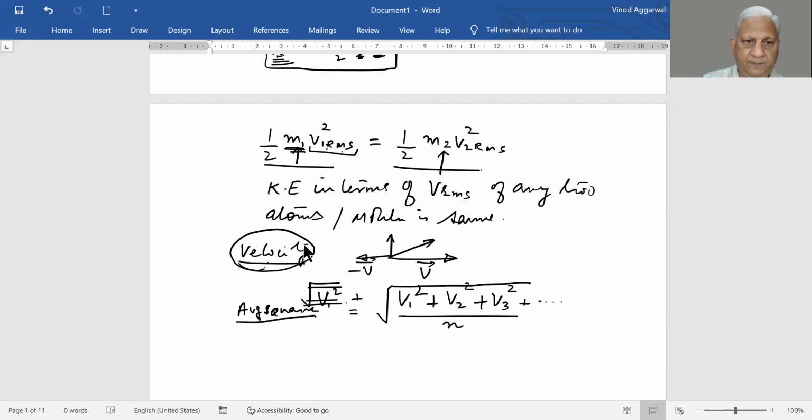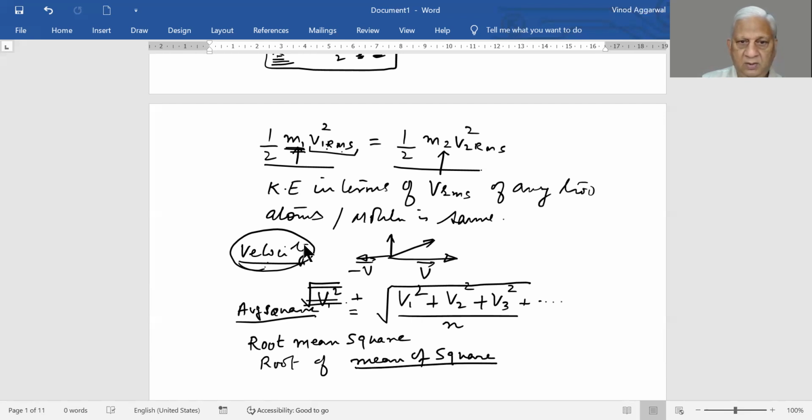And that is why the name root mean square. It actually means root of mean of square. This quantity is mean of square. And then when we take the square root, it is root mean square. So the advantage is that the signs, whether negative or positive, are all absorbed when we do a squaring.